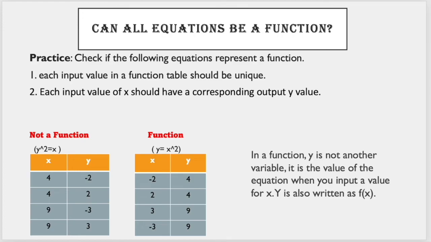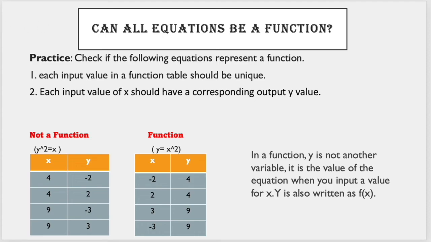y squared equals x and y equals x squared. Let's find out if these equations are that of a function or not. If you look at the first one, y squared equals x. So how do we find the value of the function?